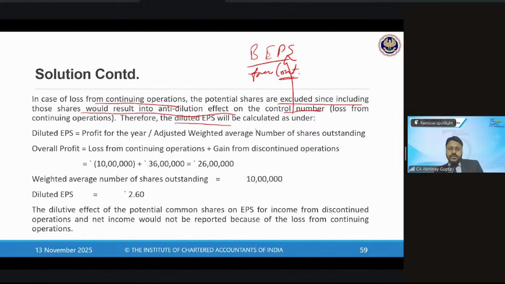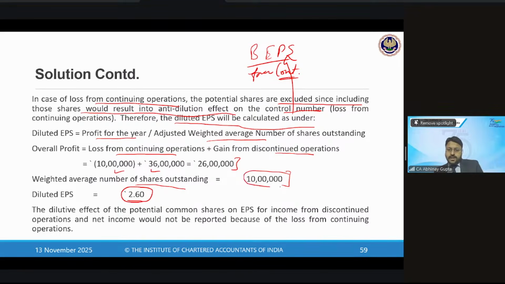Therefore, the diluted EPS will be calculated as under. Diluted EPS is equal to profit for the year divided by adjusted number of shares. Loss from continuing operations plus gain from discontinued operations is equal to minus 10 lakh plus 36 lakhs, which is 26 lakhs. So 26 lakh positive on the overall basis divided by weighted average number of shares, how many? 10 lakh. So diluted earning per share is 2.6.